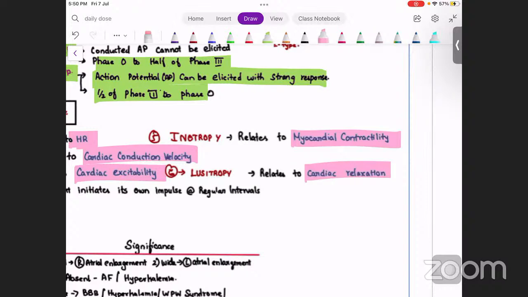So 5 things: chronotropy, heart rate; dromotropy, cardiac conduction velocity; bathmotropy, cardiac excitability; inotropy, myocardial contractility; lusitropy, cardiac relaxation, people.